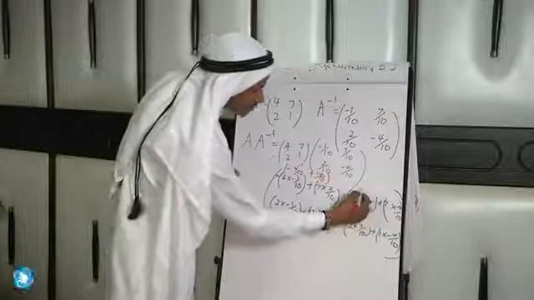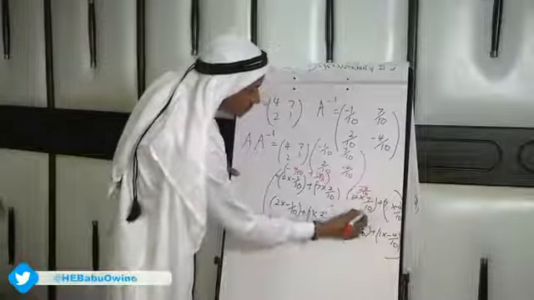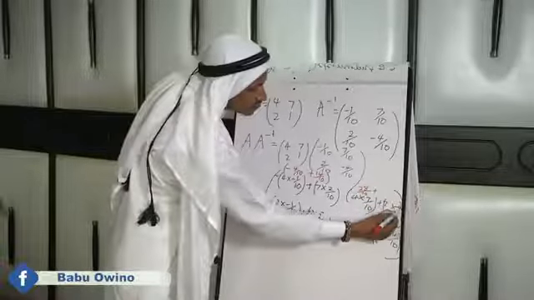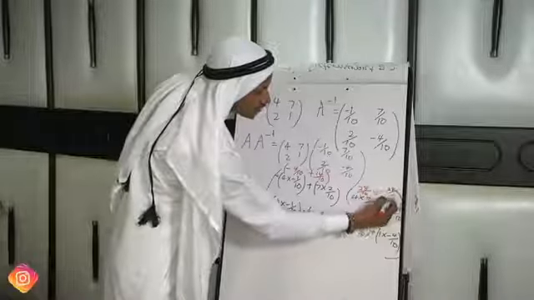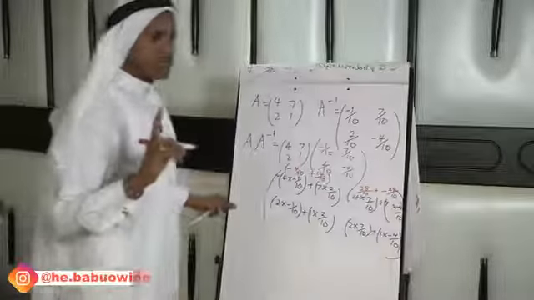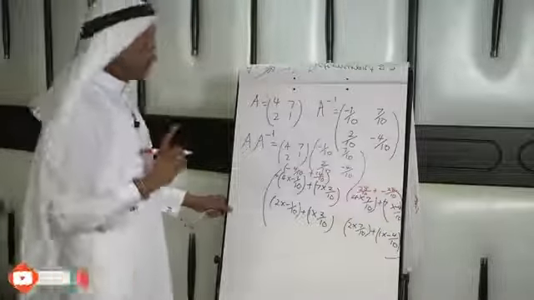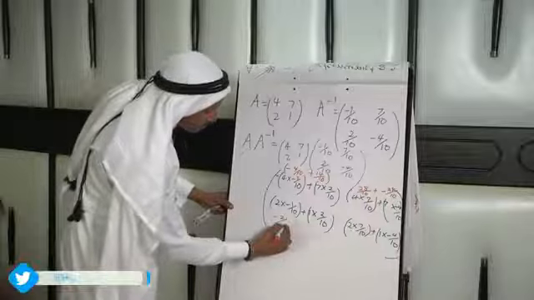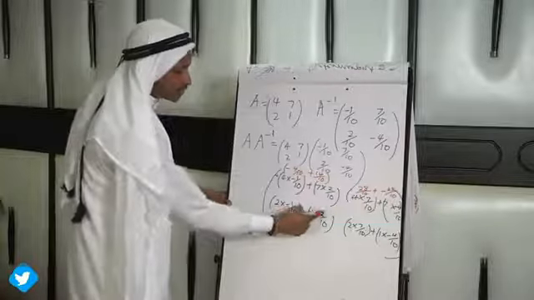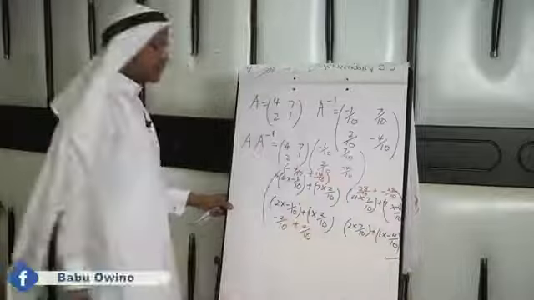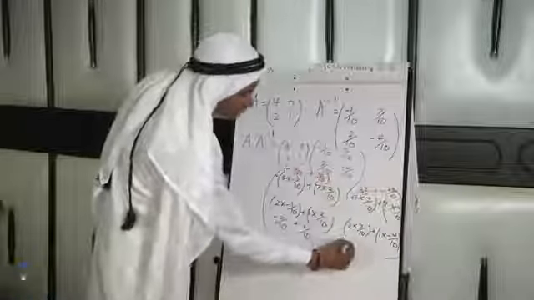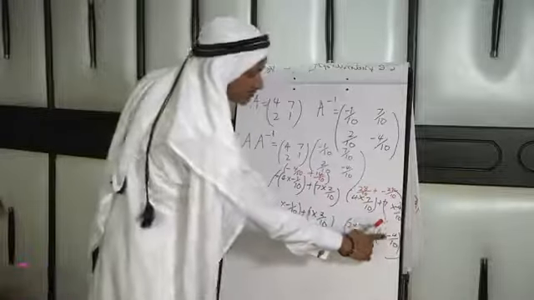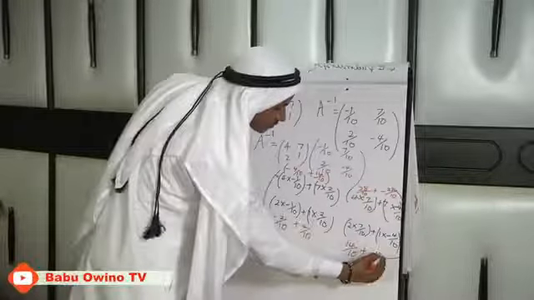4 times 7 over 10 is 28 over 10. Then plus 7 times minus 4 over 10 is minus 28 over 10. Class, be very careful with the signs. Signs, signs, signs. Next one is 2 times minus 1 over 10, which is minus 2 over 10, plus 1 times 2 over 10, which is 2 over 10. 2 times 7 over 10 is 14 over 10, plus 1 times minus 4 over 10, which is minus 4 over 10.